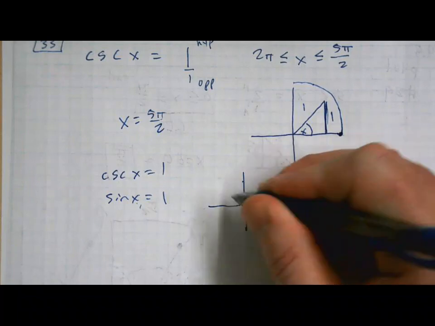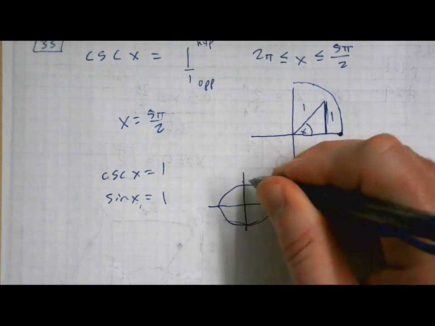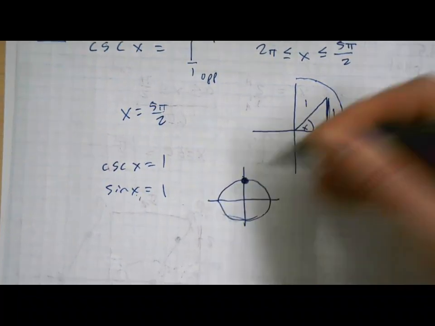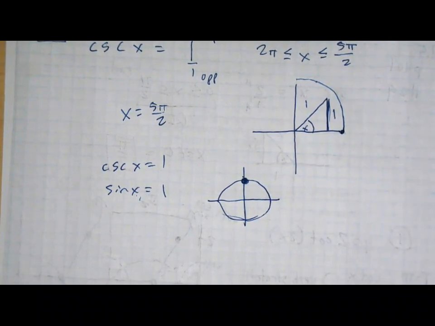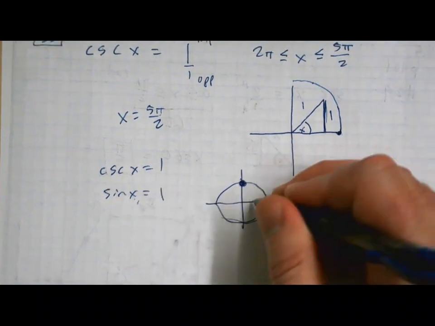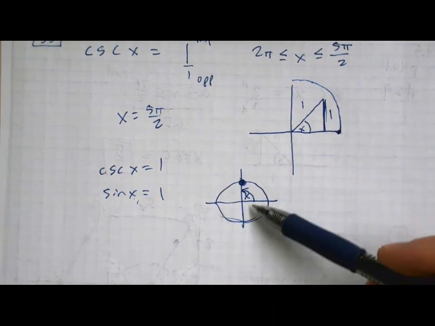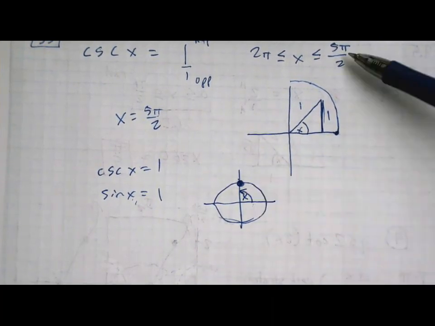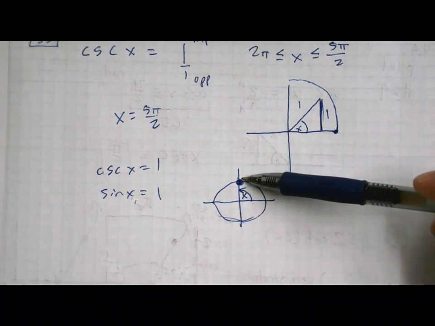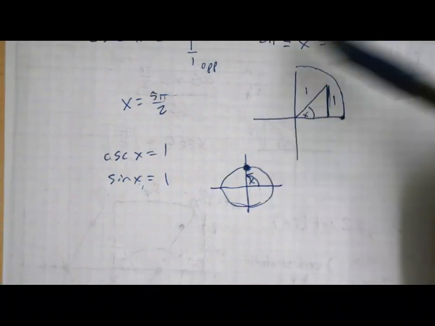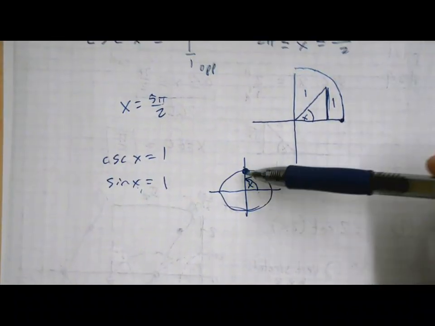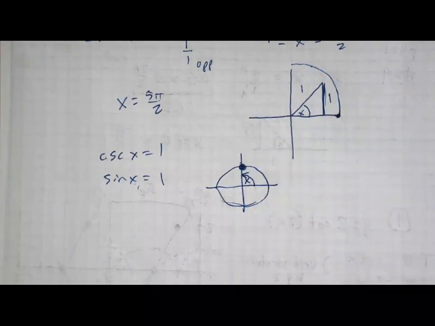Where does that happen? The y coordinate is 1 only at that point, right? So that would mean my angle is 90 degrees, but we got to give it in radians, so pi over 2, but we want a version that's somewhere between these two things. 5 pi over 2 would be at that location.